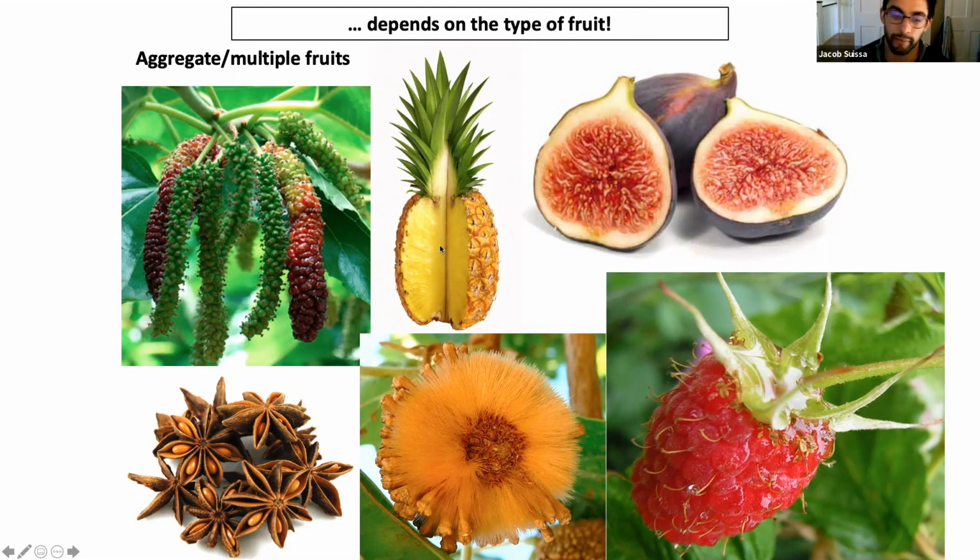So if you Google a picture of a pineapple flower, or type in pineapple inflorescence, you'll see a really beautiful structure that looks reminiscent of the pineapple. These hexagonal pieces were the flowers, and each of these is an individual ovary, and they all fuse together. So multiple fruit is derived from many flowers, and an aggregate fruit is derived from one flower, many carpels.